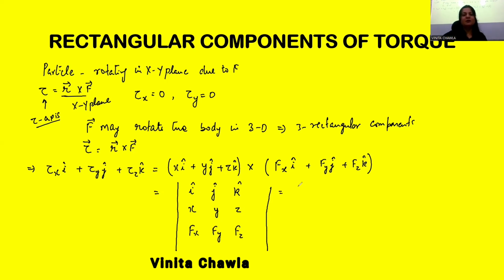So we'll get i cap in the bracket, this is how we multiply, yFz minus zFy, plus j cap. What should I write in the bracket? zFx minus xFz. How did this happen? Because here it should be minus j cap, and when you take the negative inside, it becomes plus j cap with the negative going inside. We did this in the vector product, in determinant form. Plus k cap, in the bracket we will write xFy minus yFx.